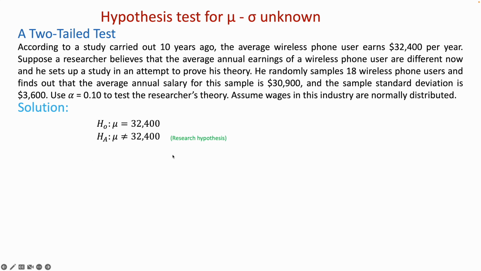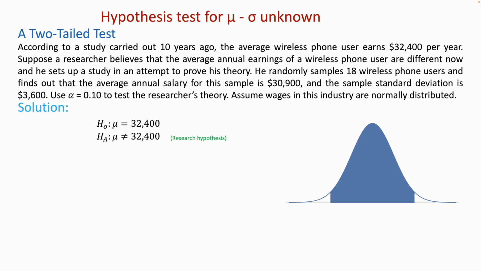So when we are defining a rejection region, we need to take into account more than and less than. So when I use the distribution, I will be thinking in two regions. The more than region will be the right tail, and the less than region will be the left tail. And because the standard deviation is unknown, I will be using a t-distribution.